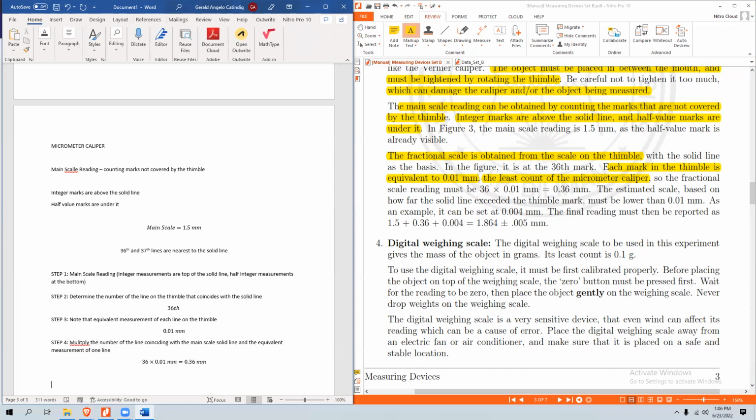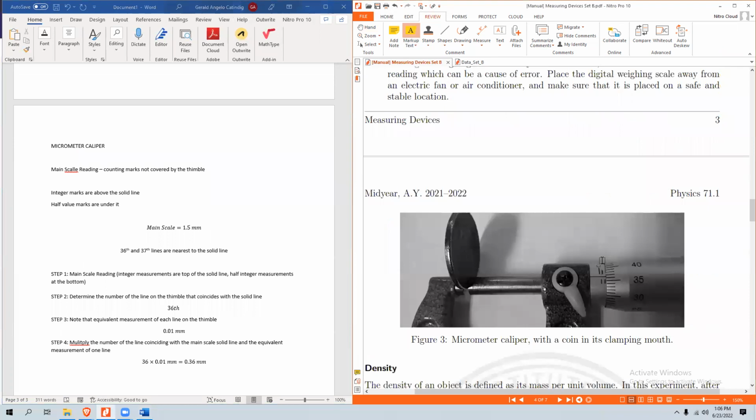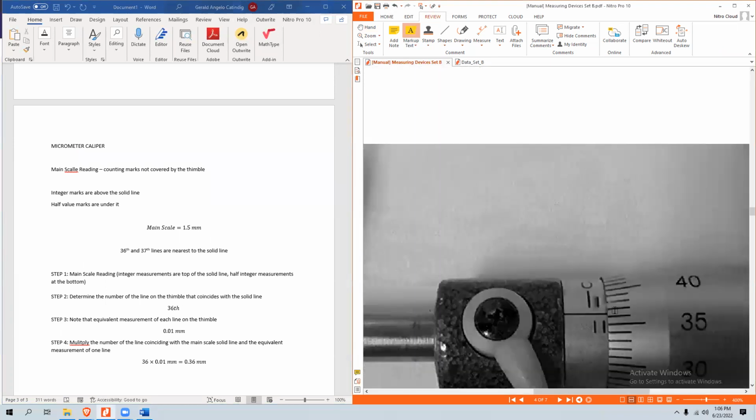Next, we have here your estimated scale naman. So again, yung estimated scale, this factors the fact na hindi sakto yung ating 36th line sa solid line. Actually, in between ng solid line, yung 36 and 37, ano?